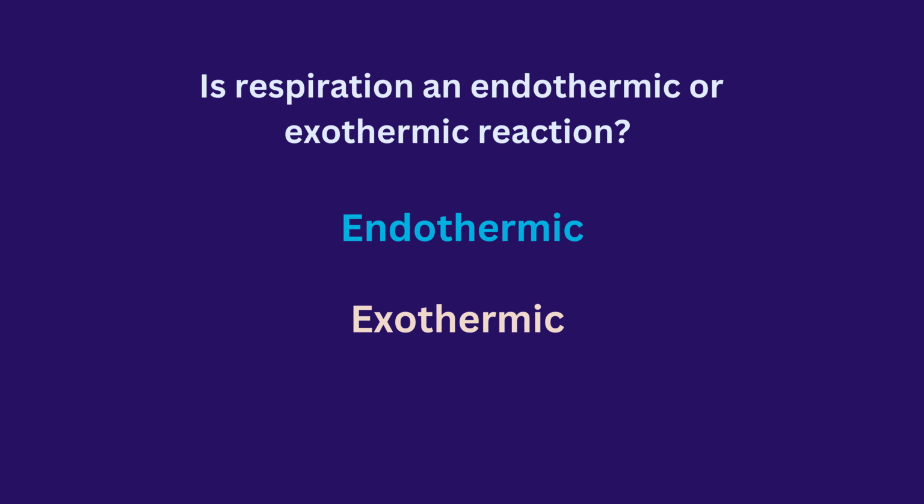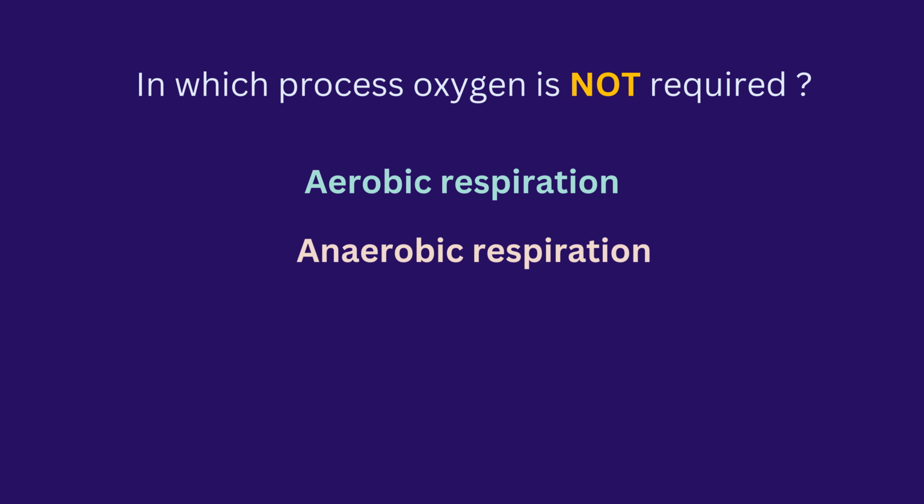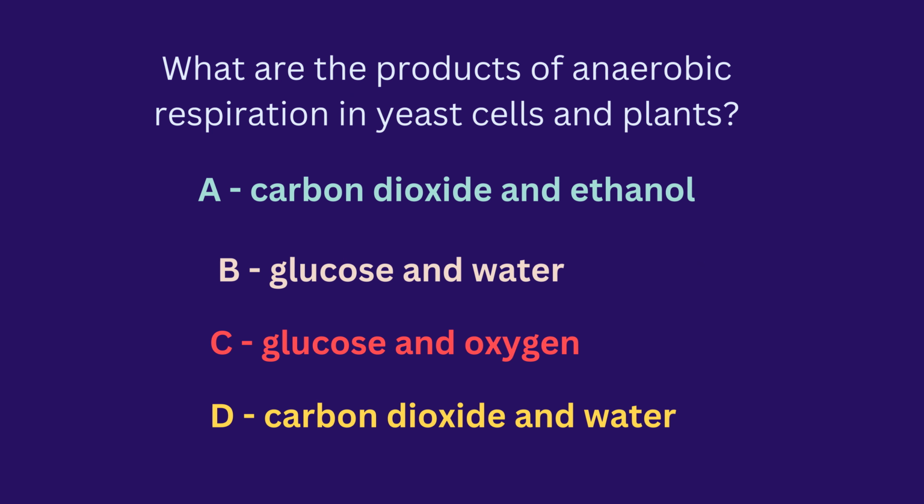Is respiration an endothermic or exothermic reaction? The answer is exothermic. In which process is oxygen not required? Anaerobic respiration. What are the products of anaerobic respiration in yeast and plants? The answer is carbon dioxide and ethanol.